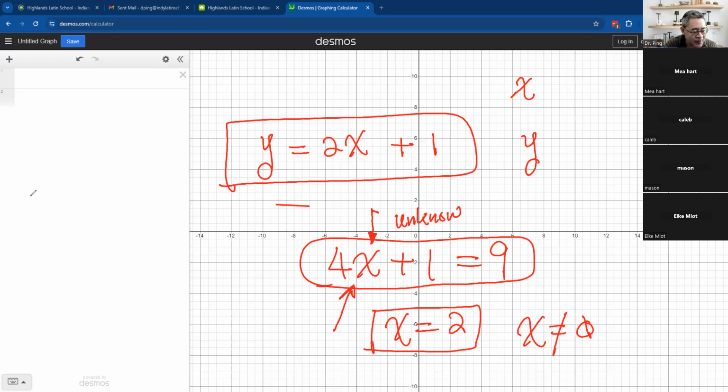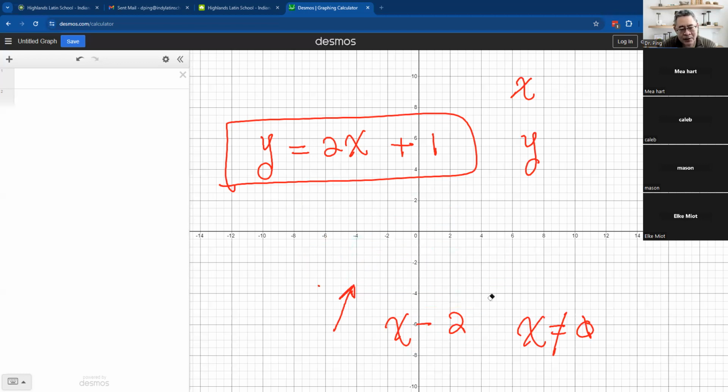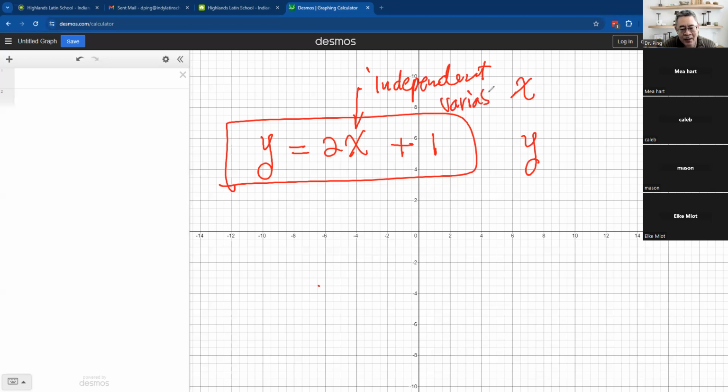So when we're looking at a linear equation, x is called the independent variable, because it can take any real value. And y is called the dependent variable, because once we assign a value to x, then the y value is fixed, it has to follow this equation.